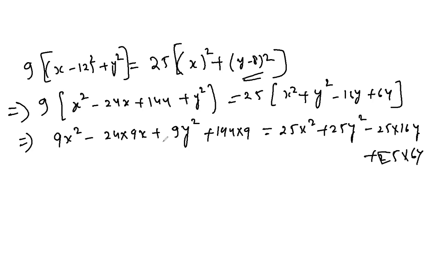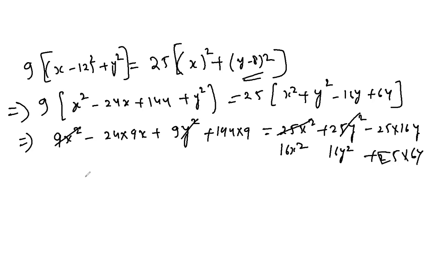So there are some things which you can cancel out here if possible. Then 9x square and 25x square will give you 16x square here. Here 9y square and 25y square again will give you 16y square, and the rest you can write down as it is.